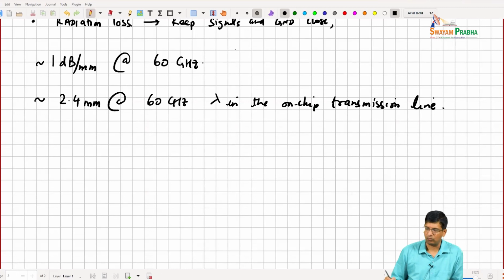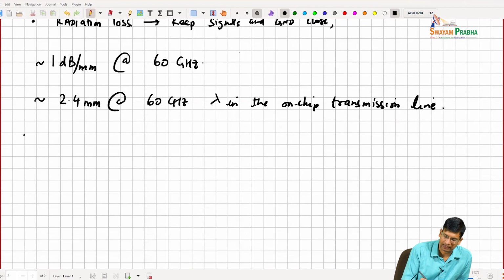Before we discuss that, maybe we can take some examples of transmission line use.